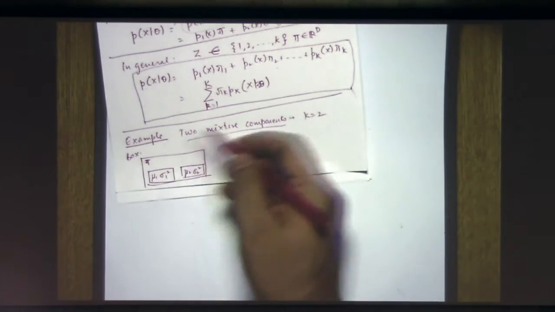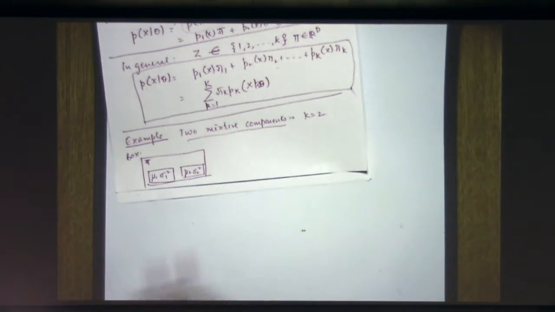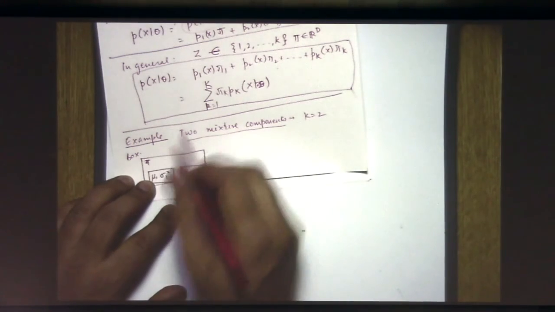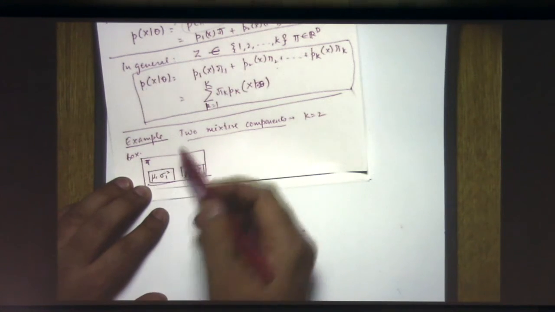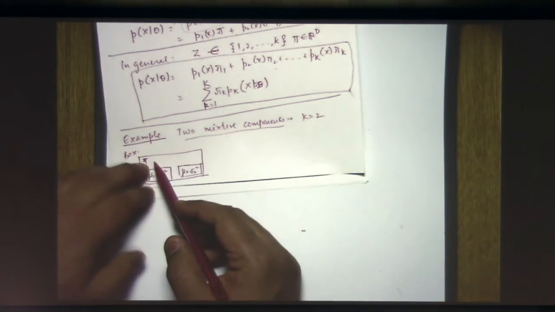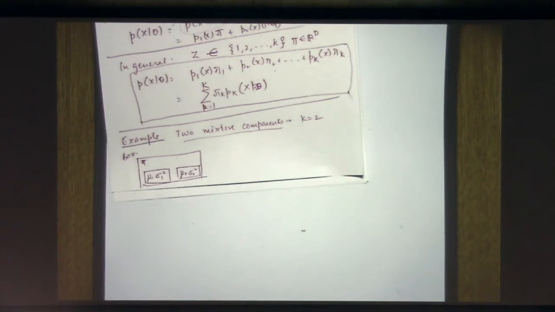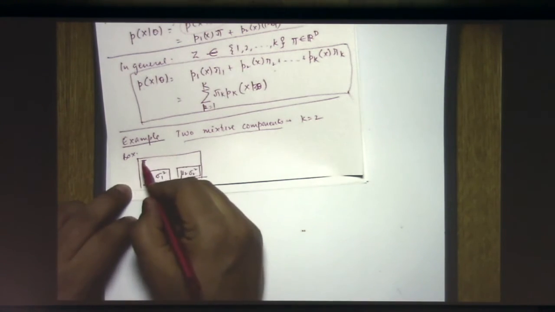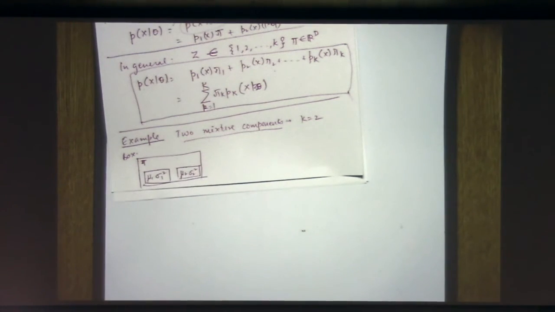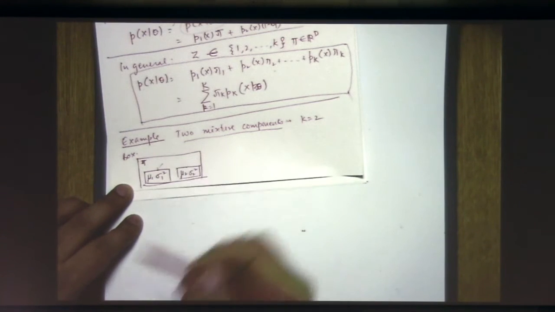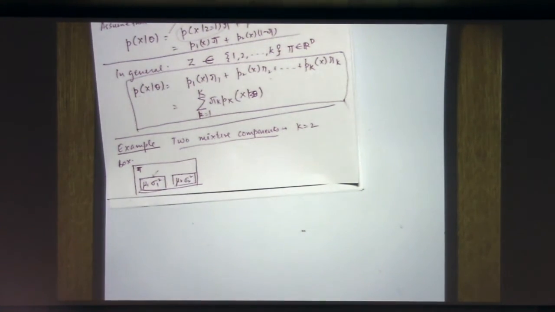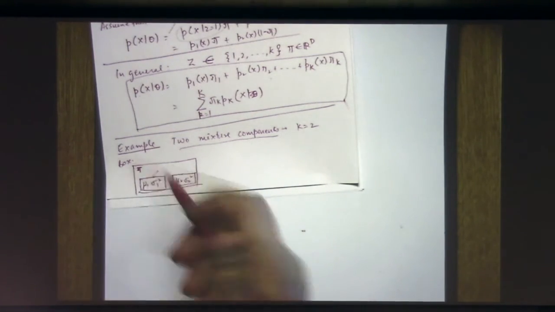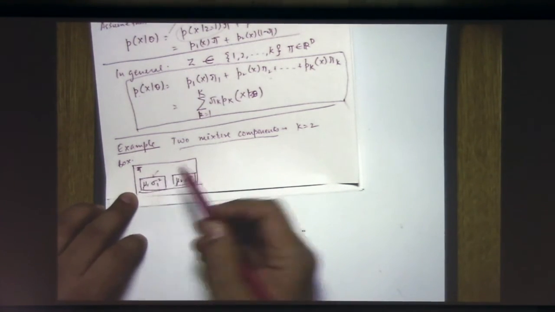So the way we sample from this mixture is that first we shake the box. Shaking the box means it chooses one of these based on this probability. So this is like a coin toss. Think of some tiny person inside who tosses a coin which has a probability of heads as pi, and it says, okay, it's a heads, so then it goes here. Then from here, it picks out a sample because this is a Gaussian distribution, so it picks a sample from mu1 and sigma 1 square.